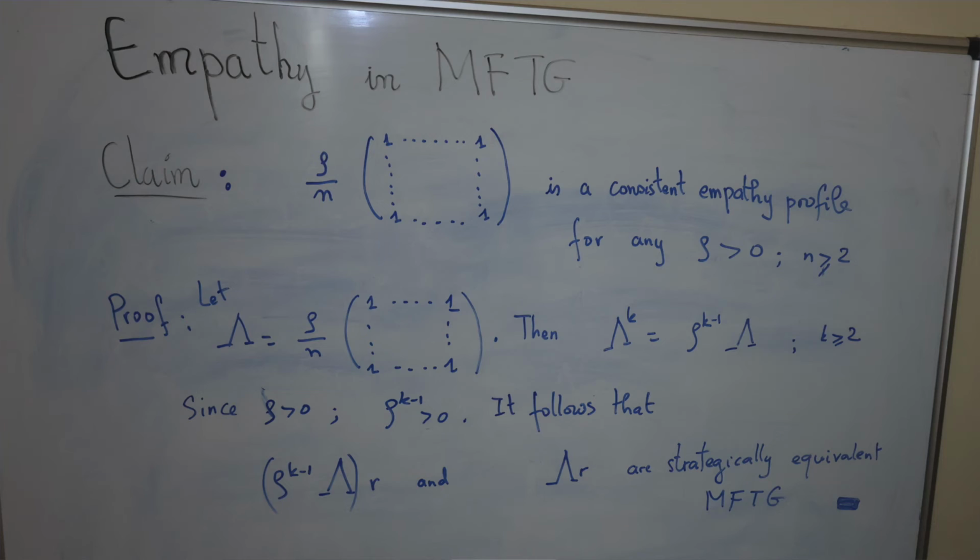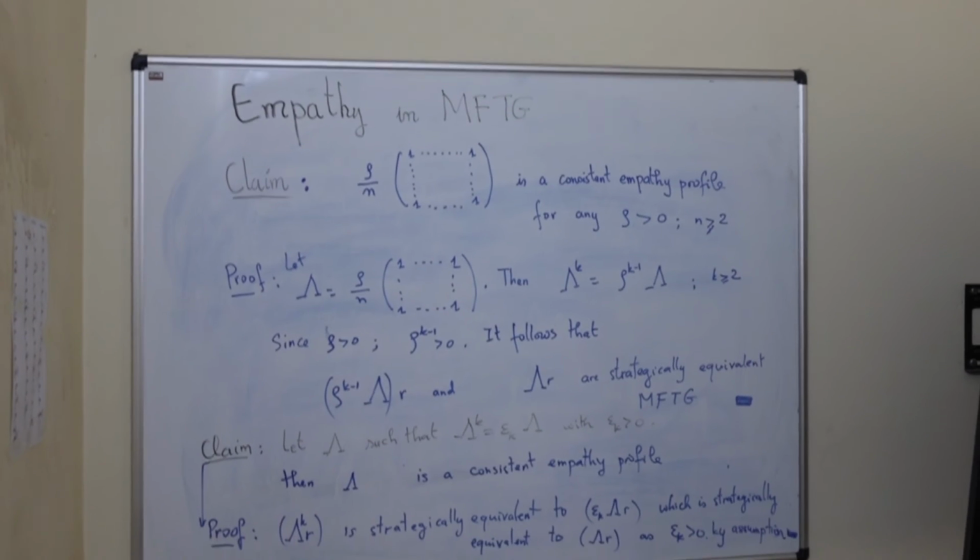So here are the claims. The first result is that if you take the matrix with 1 everywhere, normalized by n, and put a factor rho there, this gives you a consistent empathy profile if rho is positive.